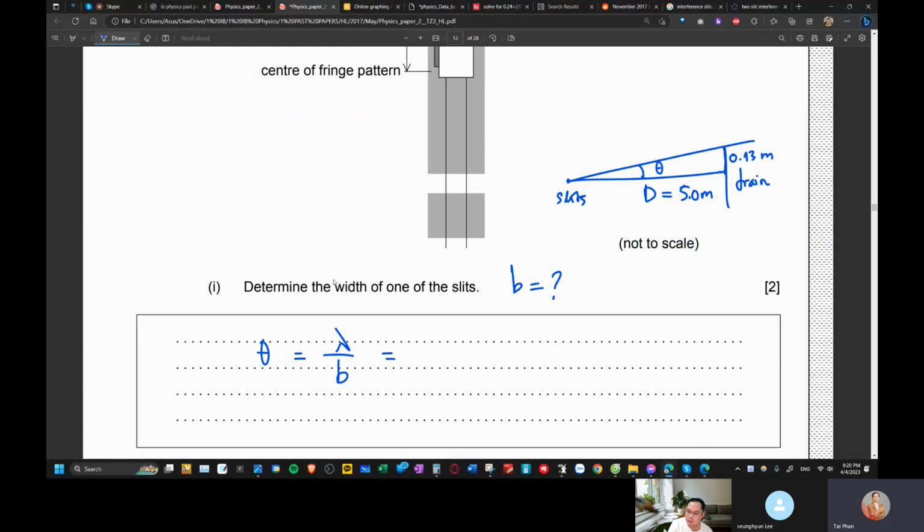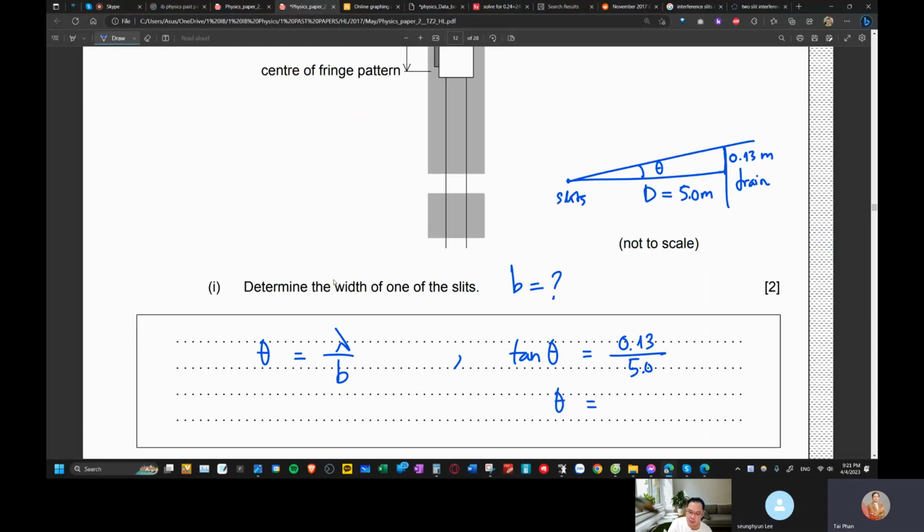So the angle here can be found. tan theta, you see, this is opposite and this is adjacent. Opposite is 0.13, and adjacent is 5. Tan theta equals 0.13 over 5. And therefore you can determine the value of the angle theta. It will be very small.